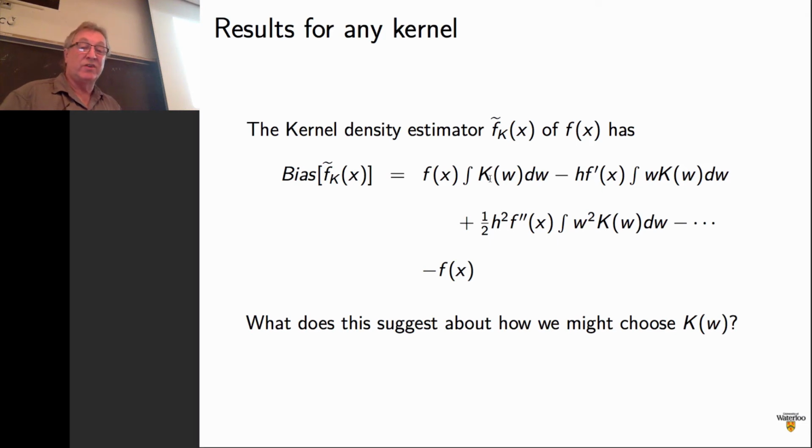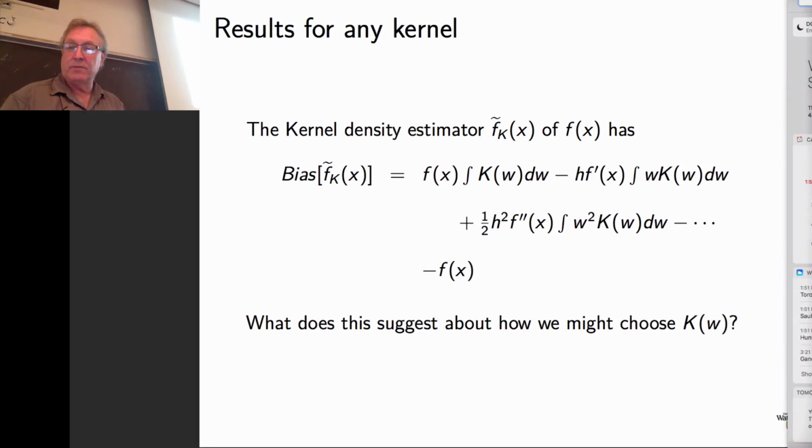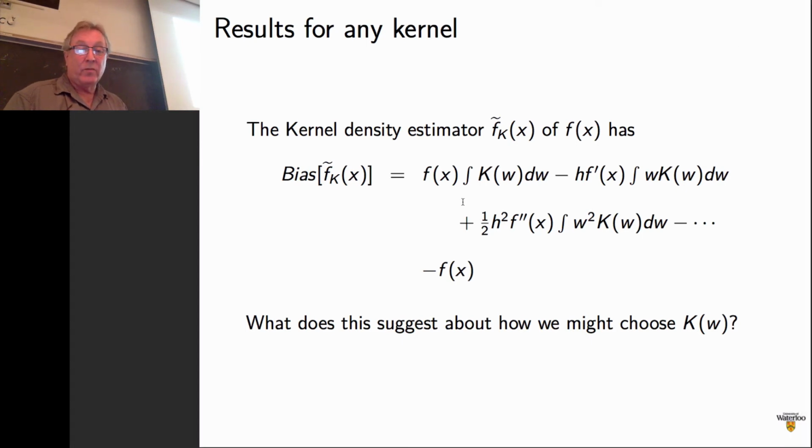First of all, what functions do you know that integrate to 1? Sorry? Density functions. So density functions will work here. They integrate to 1. Suppose that was a density function, and we want that to be 0.